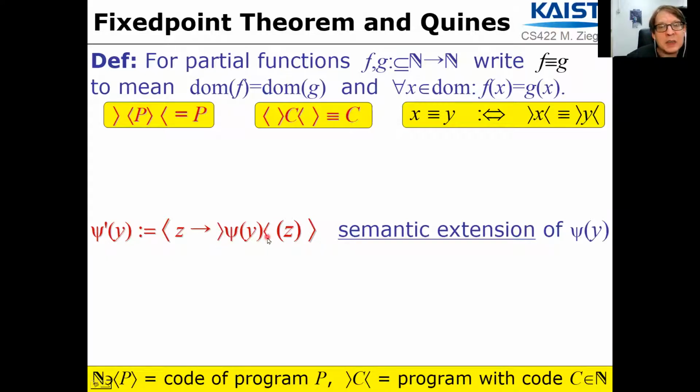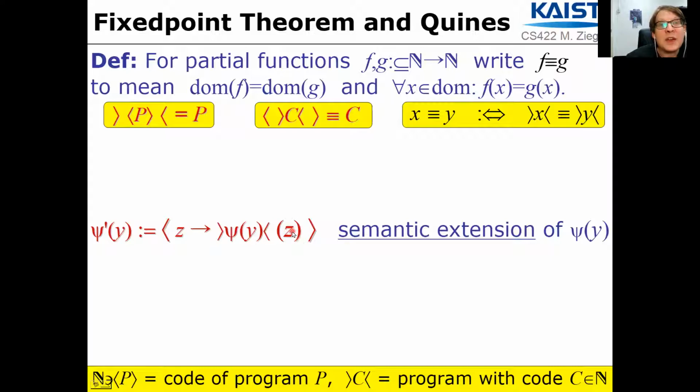The angle brackets mean consider the program that is represented by this natural number. This is a program, and now we can execute this program on the argument z. So we consider the program represented by the natural number psi of y, and execute this program on argument z as a thought experiment.